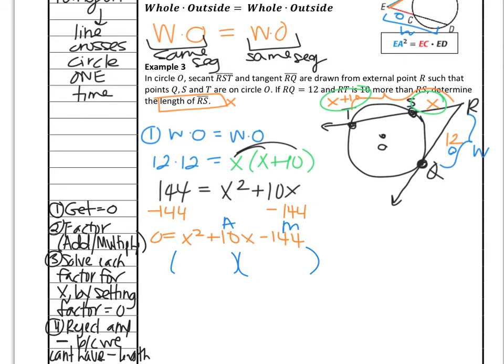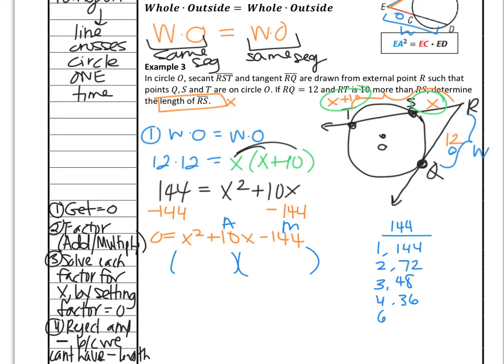So I'm going to make a little list off to the side. I've got 144. I know that 1 and 144 make that. 2 and 72. If I do 144 divided by 3, I get 48. Let's see, divided by 4, 36.